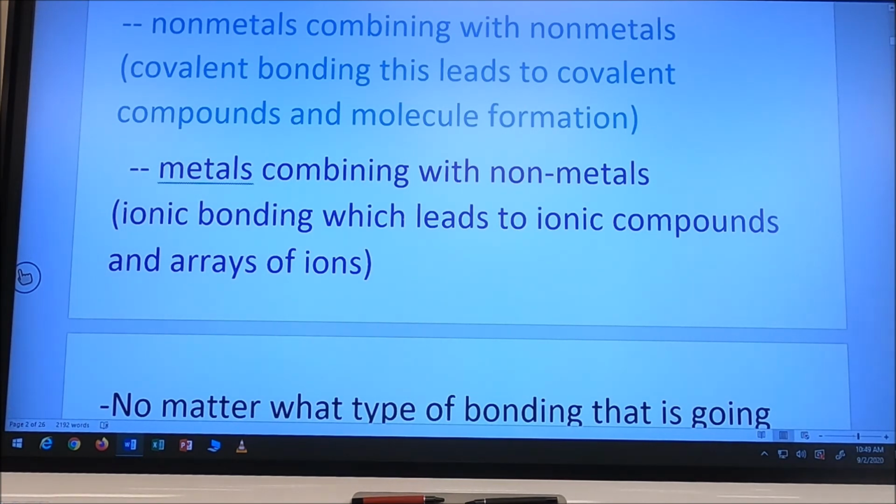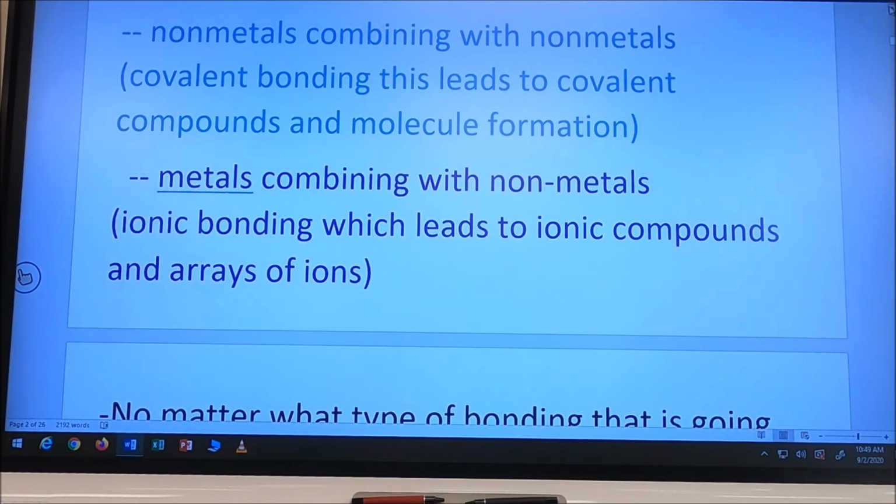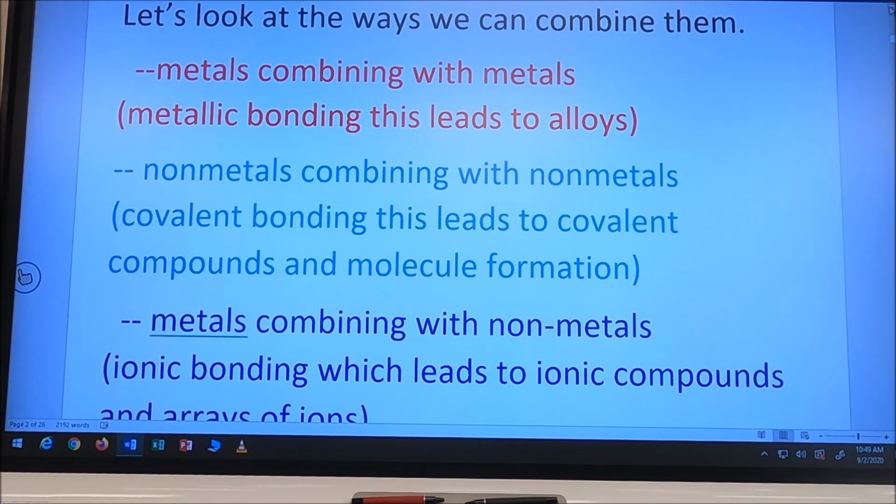When I combine a metal with a metal, metals combined with metals give us metallic bonding, which leads to the formation of alloys. Alloys look different than compounds. Remember earlier when we talked about compounds, compounds have a specific ratio of the constituent elements by mass.